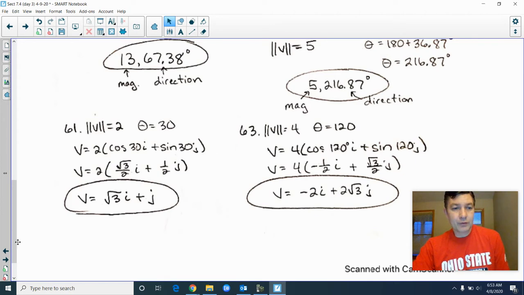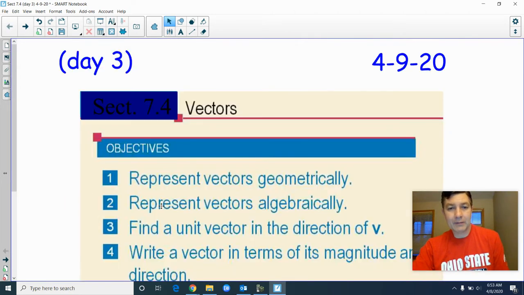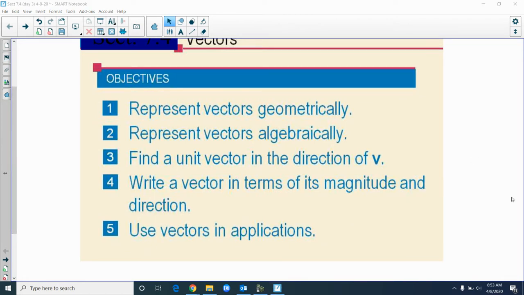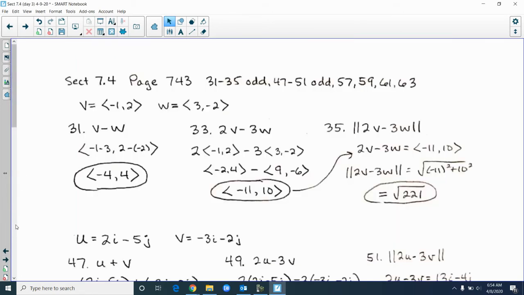All right, we are going to move into the last thing, which is application problems of vectors. Like I said, we could probably spend multiple days on this, but we're going to hit it. You're going to have the opportunity to review it, and then we're going to do section 7.5 next week, and then we're going to have a test.